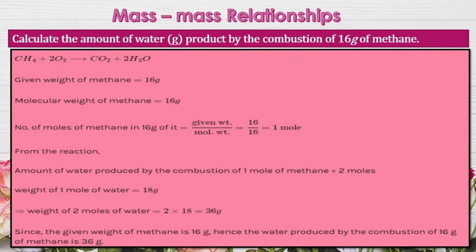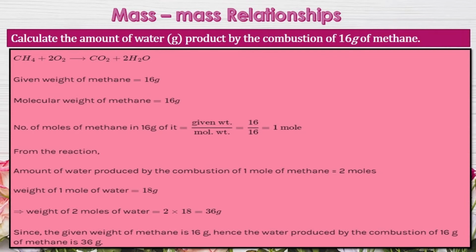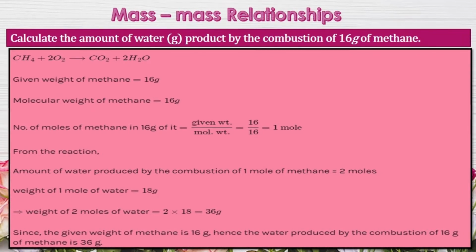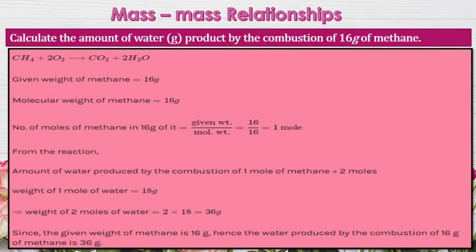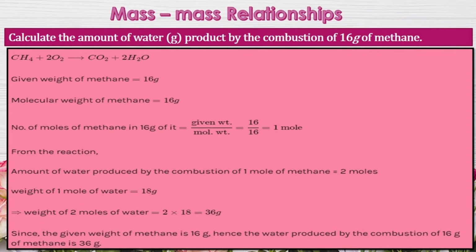For combustion, oxygen is required. So CH4 plus O2 gives CO2 plus H2O. Write the balanced chemical equation for this reaction. So it will be 1 mole of methane that combines with 2 moles of oxygen to form 1 mole of carbon dioxide and 2 moles of water molecules.